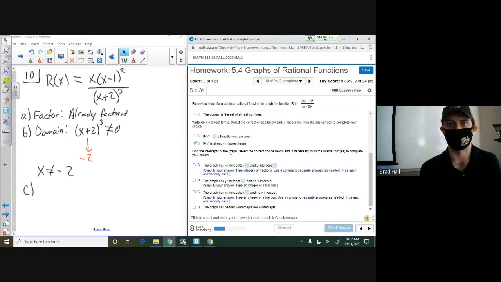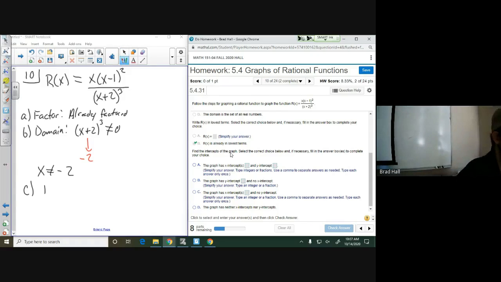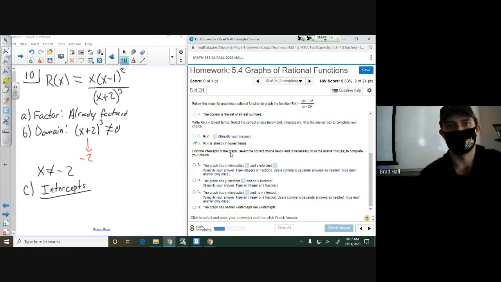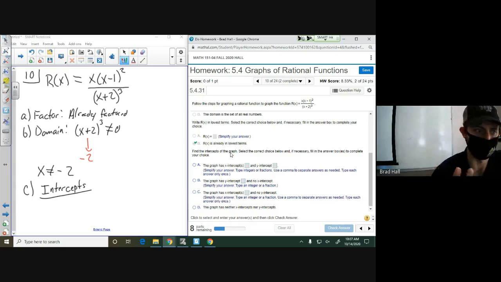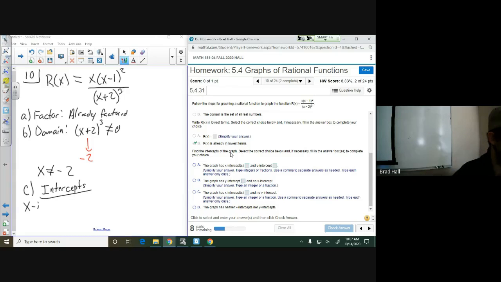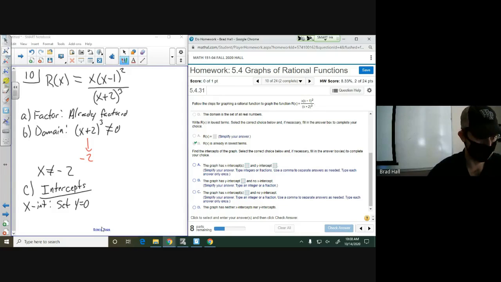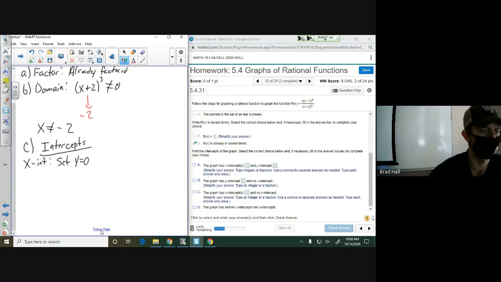So now we're going to go ahead and find the intercepts of the graph. There are 2 intercepts. Start off with the x-intercept, where we set y equal to 0. So that means we set the whole function equal to 0.